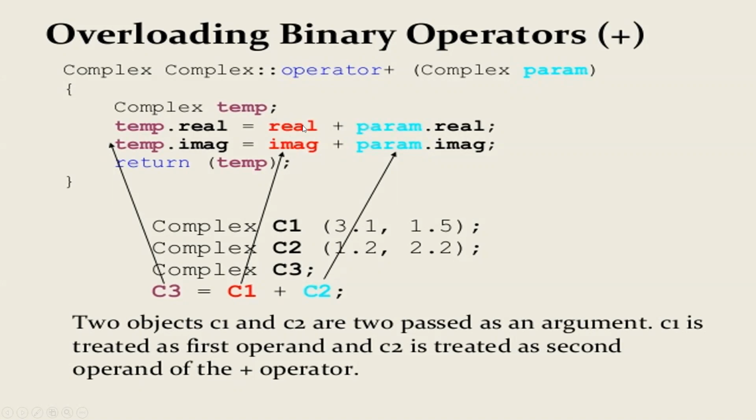Because we are using two variables here, two variables have to be used and sent to another variable which also has the capacity to store them, with the help of the object temp, because it has to store both the real and the imaginary part and has to be sent back to the class. This is the explanation of the binary operator overloading.